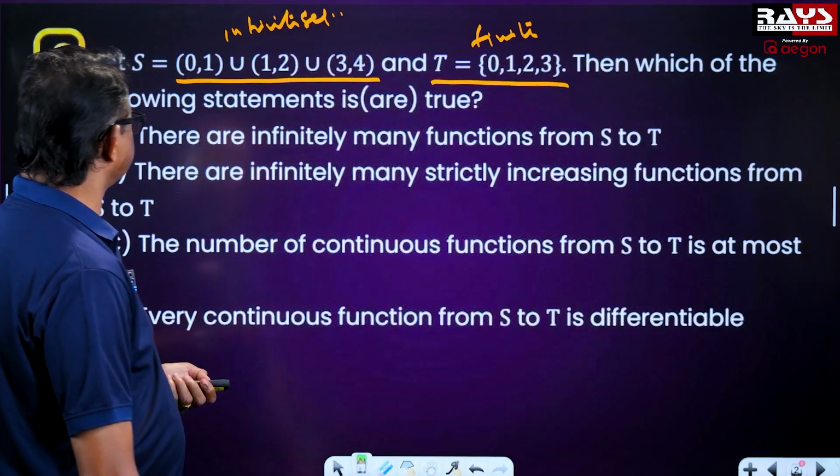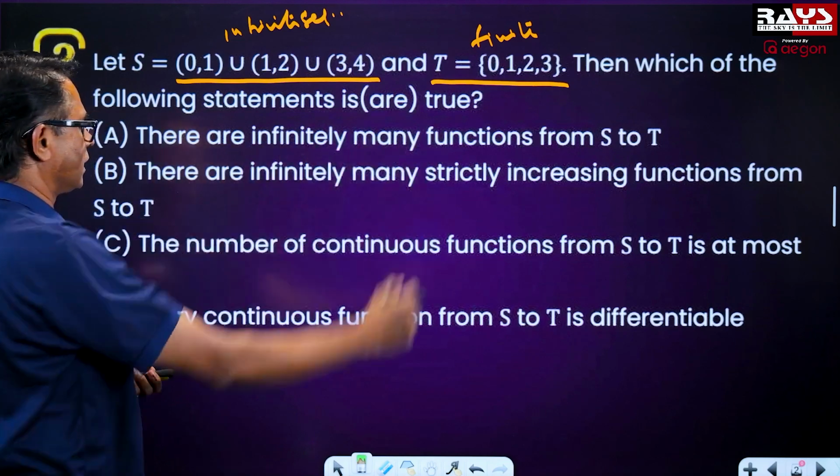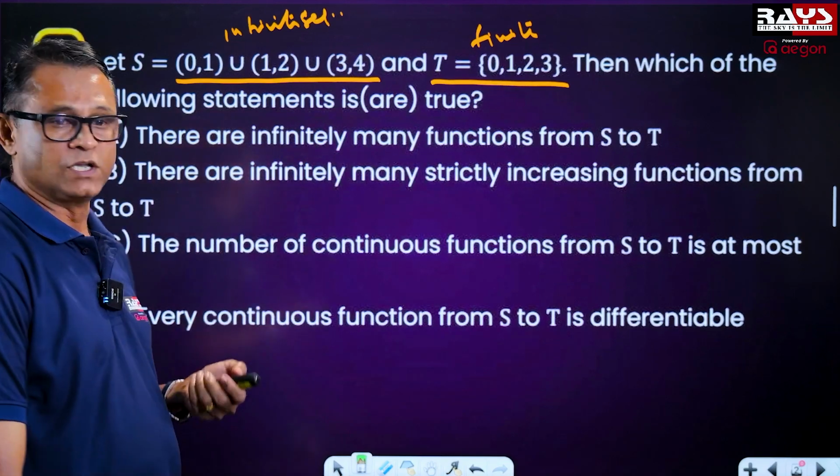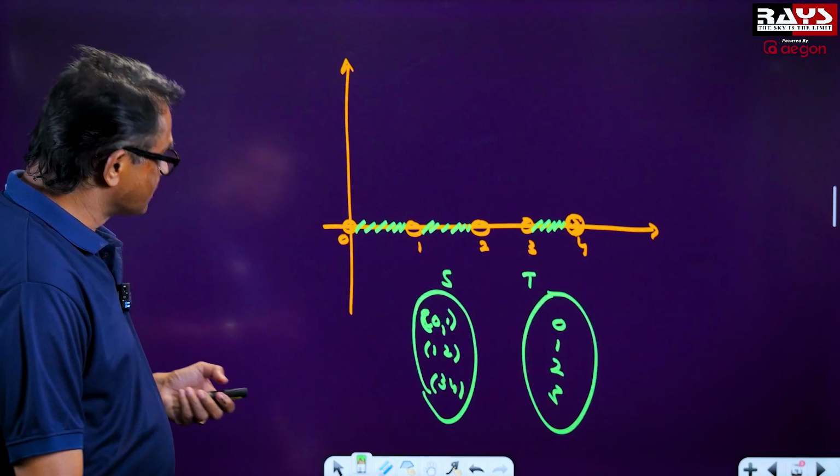Now what is the question? The first one is: there are infinitely many functions from S to T. Is it true?